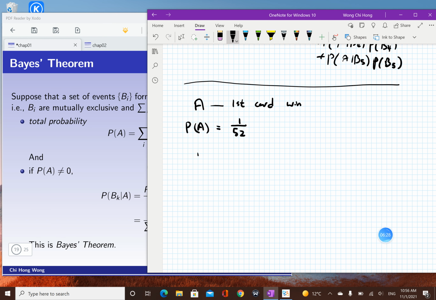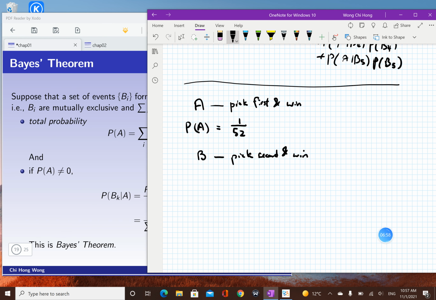And if I let the second card... sorry, I have to change it a little. I will say pick first and win, and pick second and win.